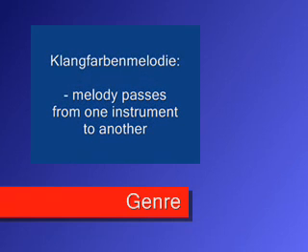A Klangfarben melody, or a tone color melody, therefore, is a composition in which the melody passes from one instrument to another. And since this composition is typical of von Webern's works, that is, it's exceedingly short, you have the entire score of this composition at hand.